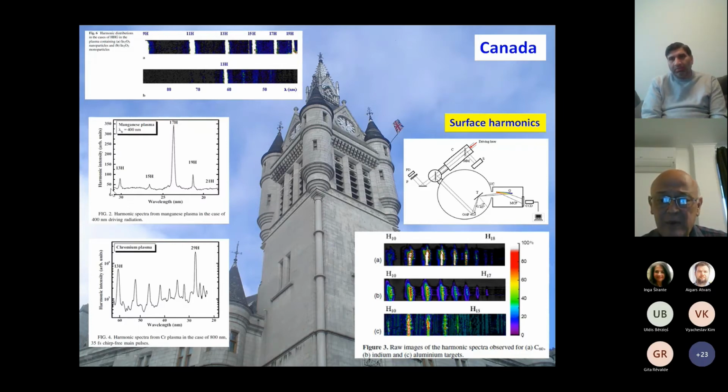For example, near this spectrum of manganese there exists a line with very strong oscillator strength, and from this spectrum we can analyze that line. It is a first attempt to demonstrate laser-induced high-order harmonic generation spectroscopy, a sort of high-order nonlinear spectroscopy.